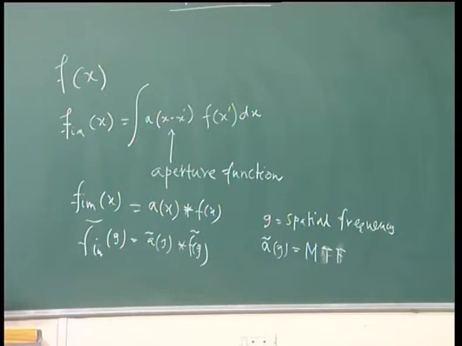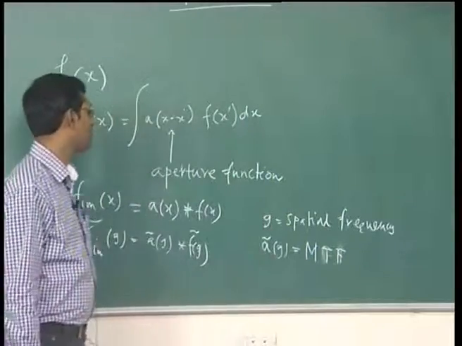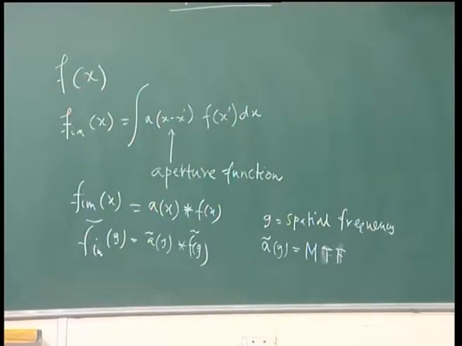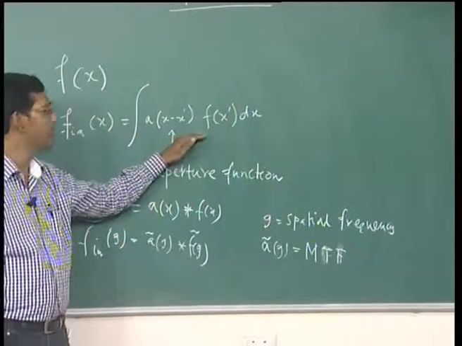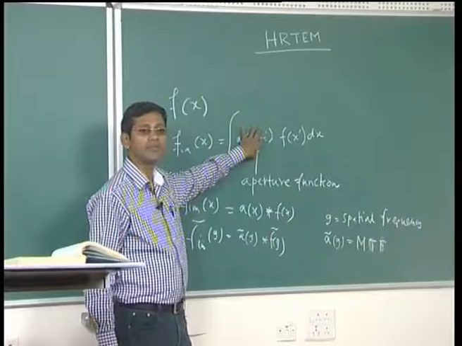This is a very important aspect of any imaging device, because whatever is getting imaged from the object plane to the image plane is getting modified by this aperture function.